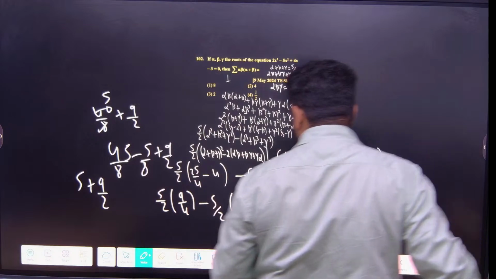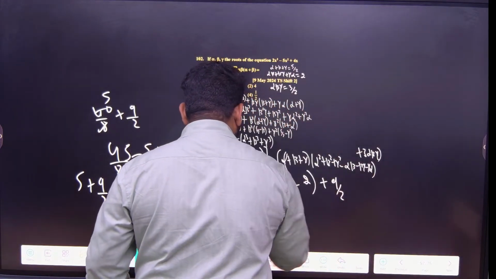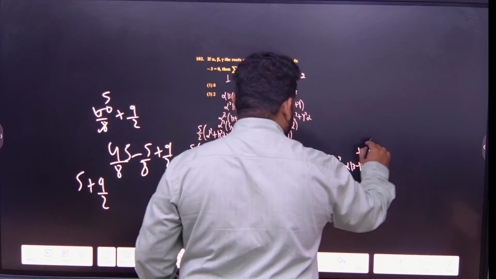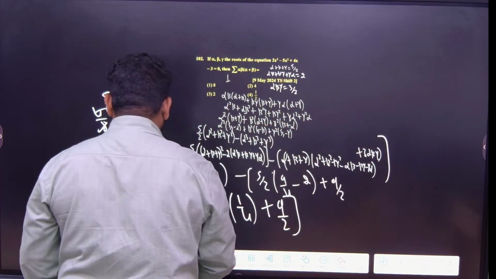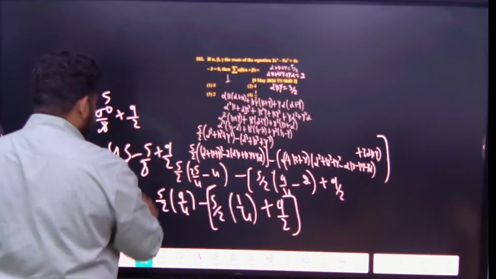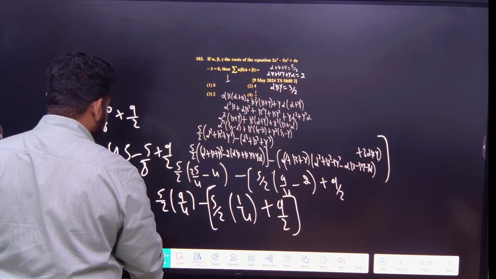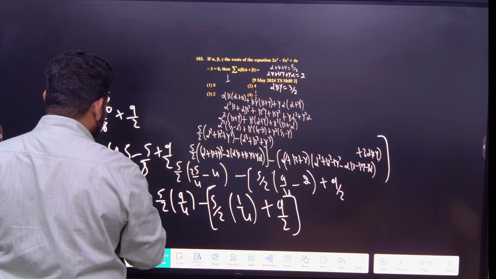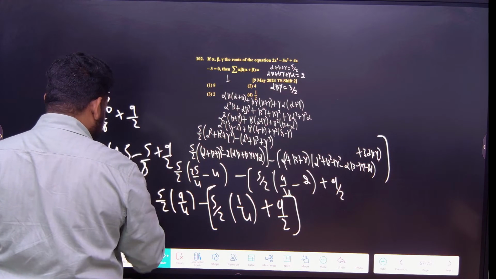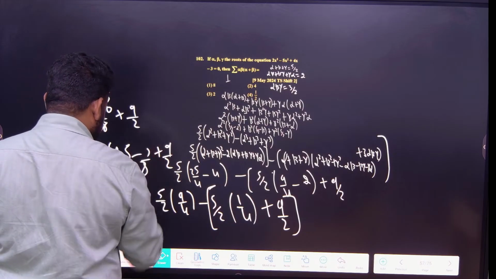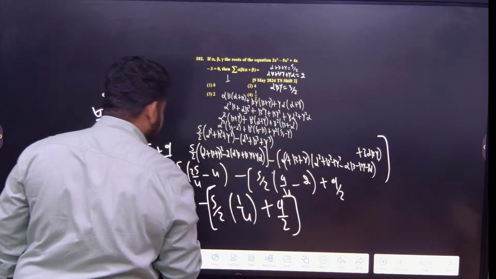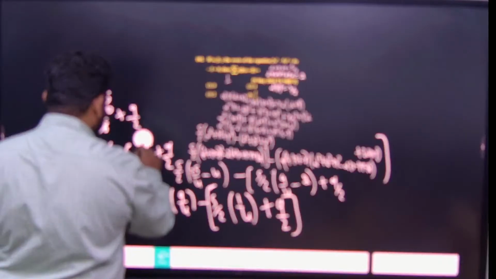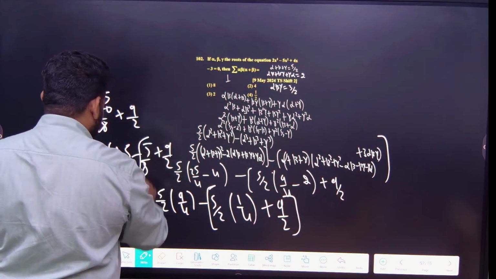This is minus, this entire thing should come under one bracket, because the minus is for this entire thing. Minus is outside, so this will become like this, minus 5 by 8.